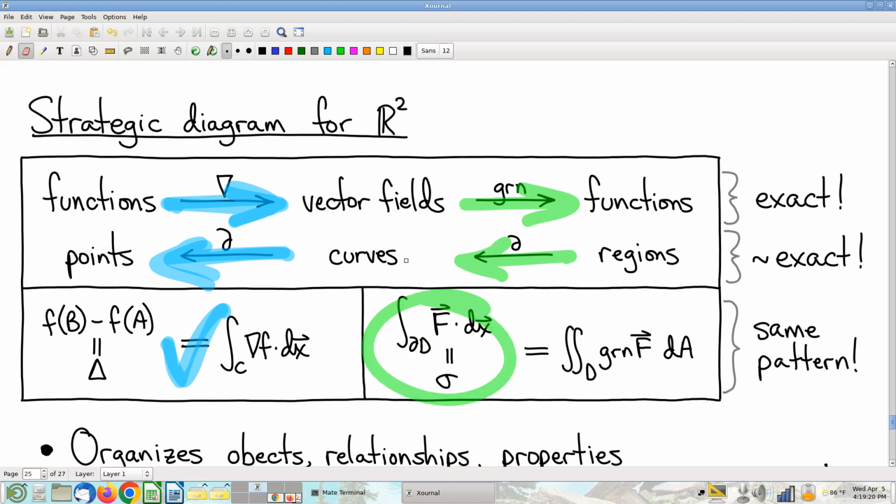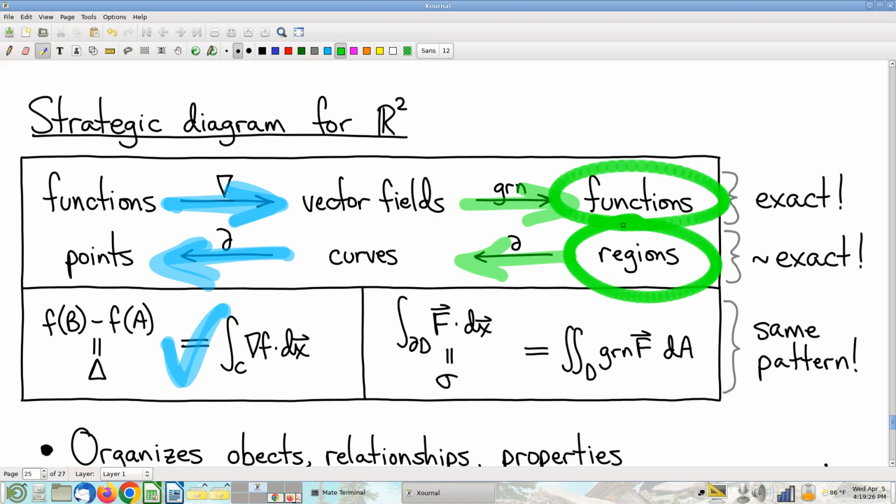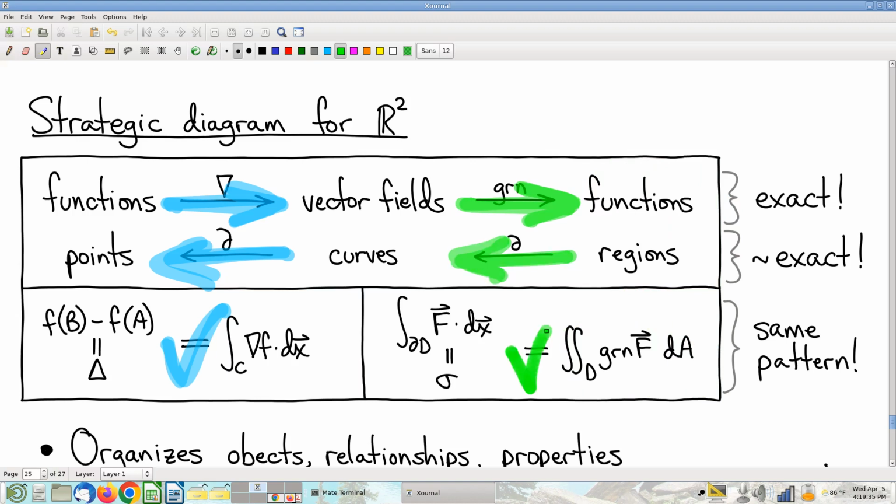And the right-hand side is a double integral of the Green's operator function over the original two-dimensional region. Said differently, if you push to the right on the operators, and push to the left on the boundaries, you get the same thing. So notice now, diagrammatically, they look exactly the same, in terms of how they lay out on the page.